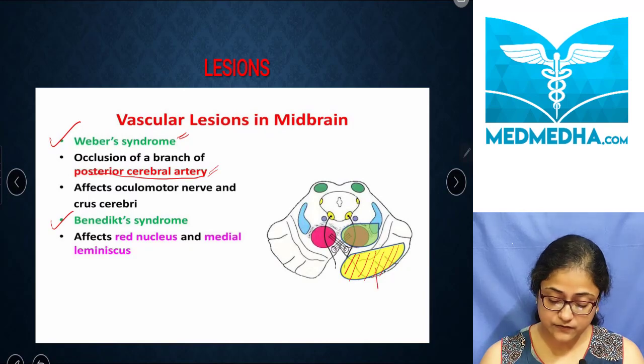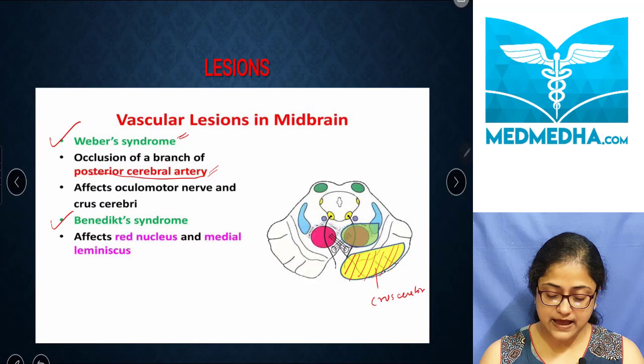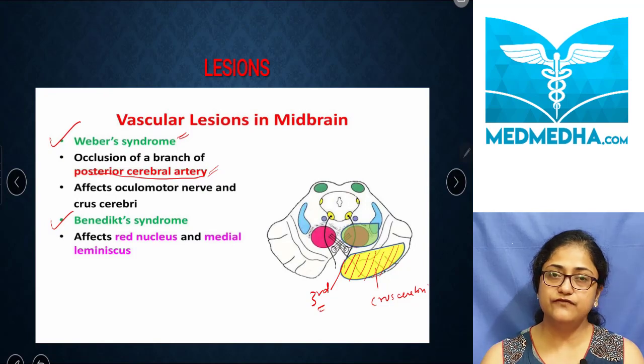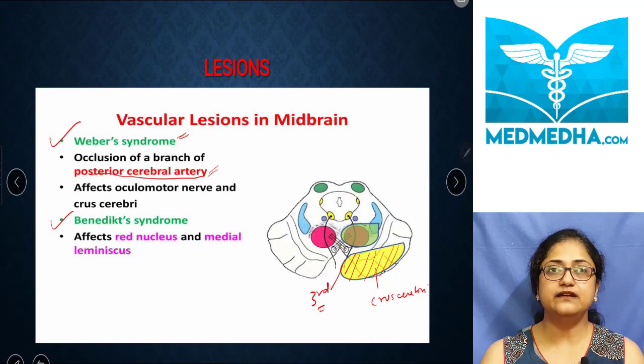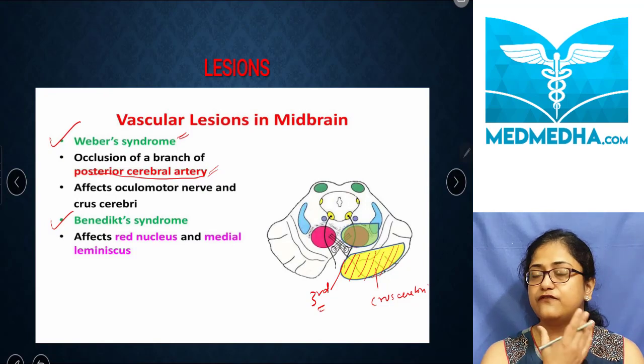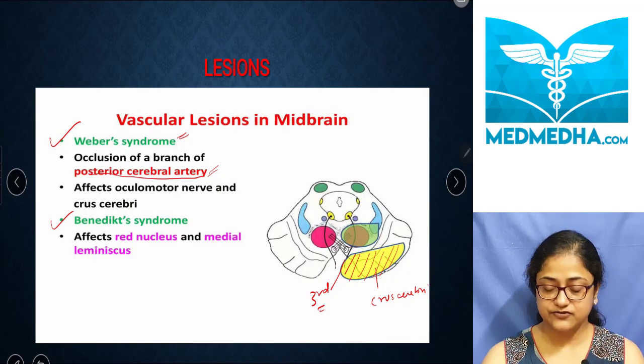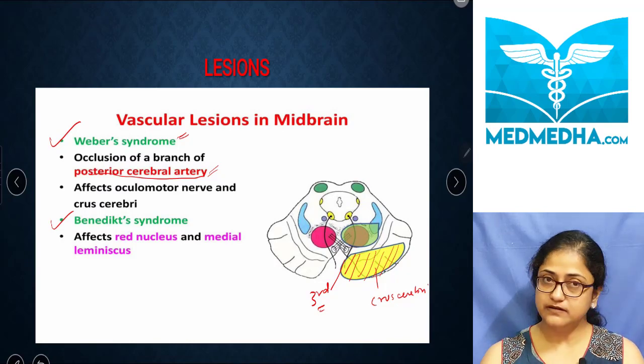So, see, it is affecting the crus cerebri and the third nerve. With relation to the third nerve, we will have the same sided third nerve palsy, in the form of loss of movements of the extraocular muscles that I will describe a little later. So, there is ipsilateral, that is same sided, third nerve palsy.